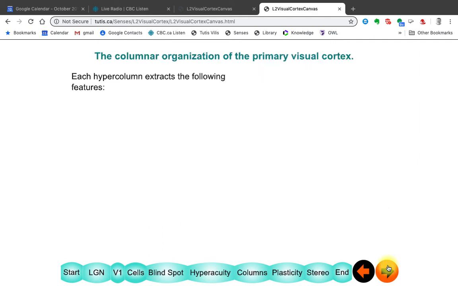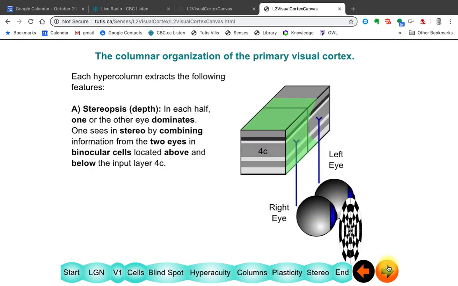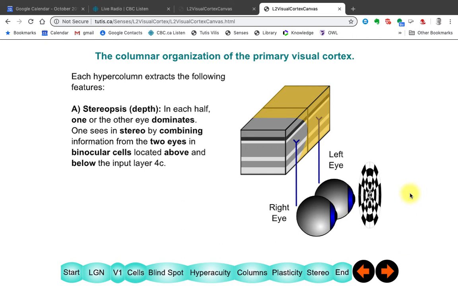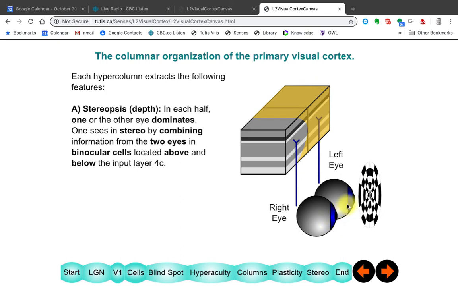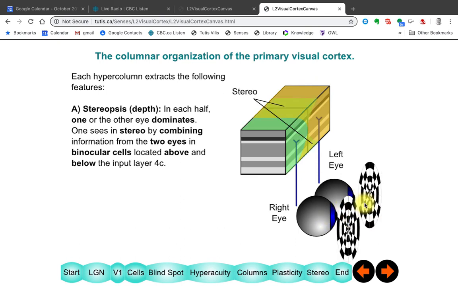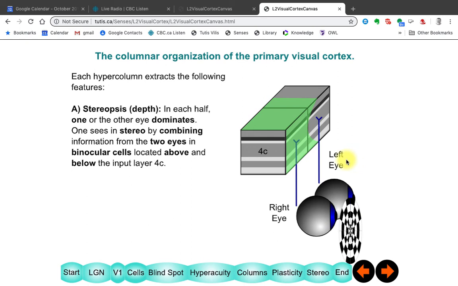So each of the hypercolumns extracts the following features. First of all, it gets depth. So here we have one object, another object to the other eye, and then objects to both eyes.